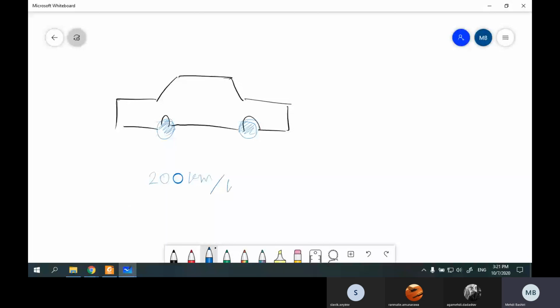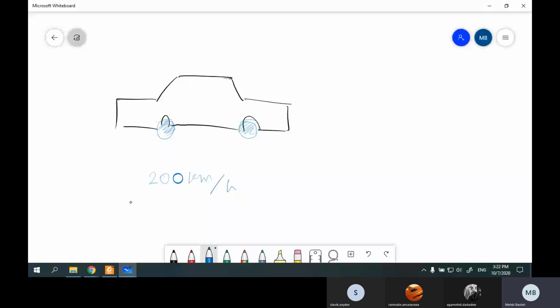If you increase the speed, because the heat, the temperature inside these tires increases, and also because of the pressure, the company recommended that the maximum allowable speed is 200 kilometer per hour.